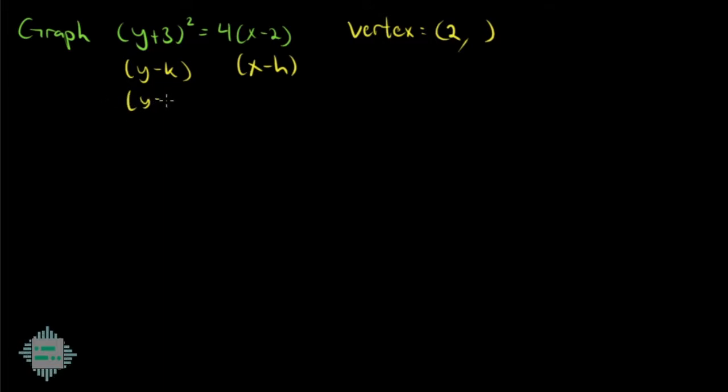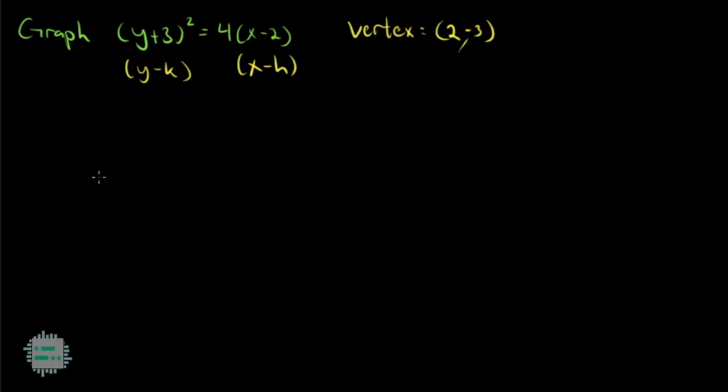Kasi pag plug-in mo yung negative dyan, negative 3, magiging y plus 3, which is the same as what you have in our equation. So, k is negative 3. Ayun. Plug-in natin. Negative 3.